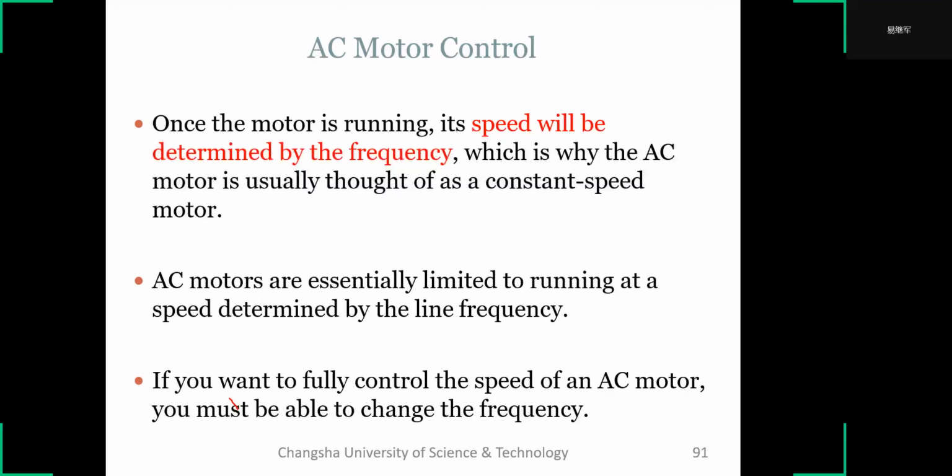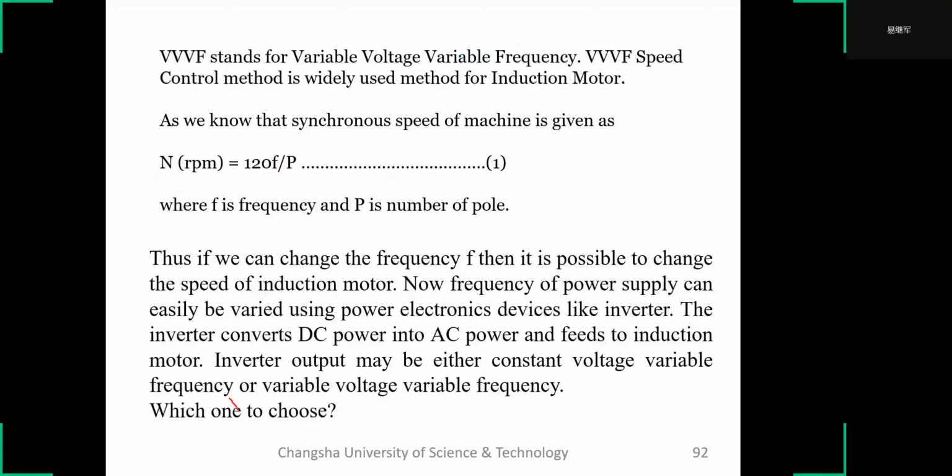As we know, the speed of the AC motor is related to the supply frequency. So we need to change the frequency.